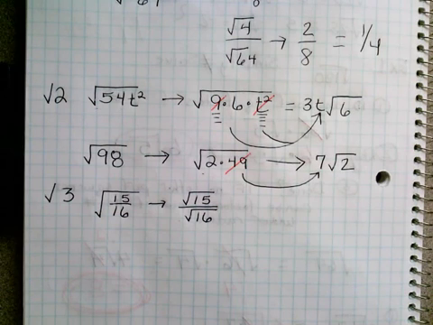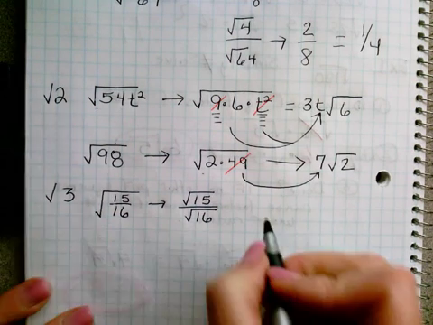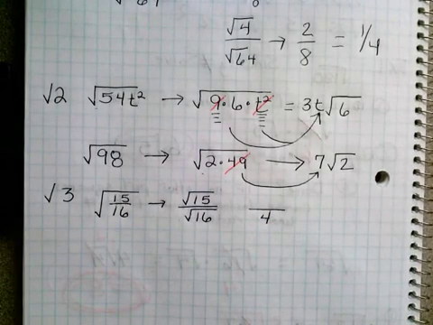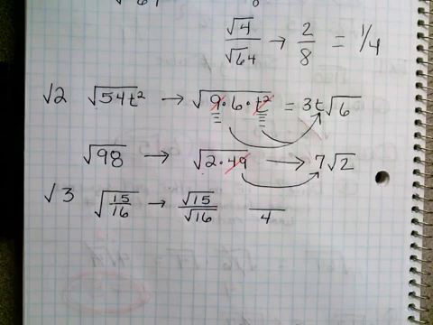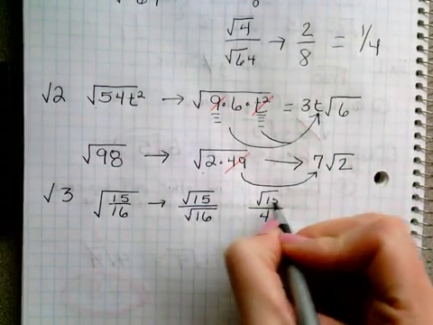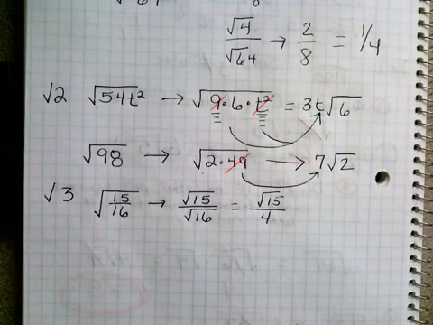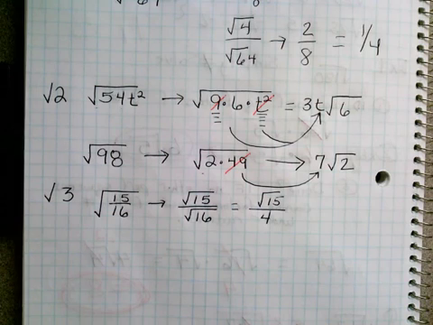Well, 16. Bravo. Square root of 16 is 4. Factors of 15, 1 and 15, 3 and 5. Any of those perfect squares? You're stuck with it then. This is your answer. Is that helping a little bit? Okay, practice, practice, I know.